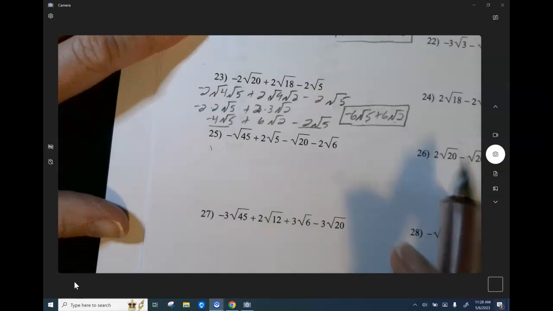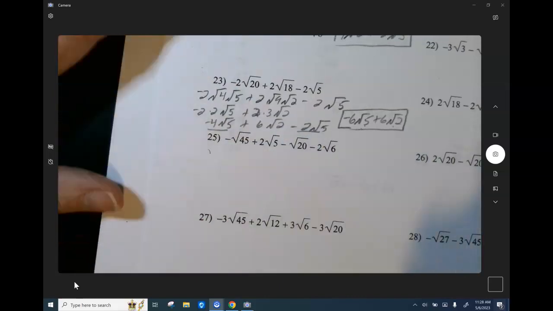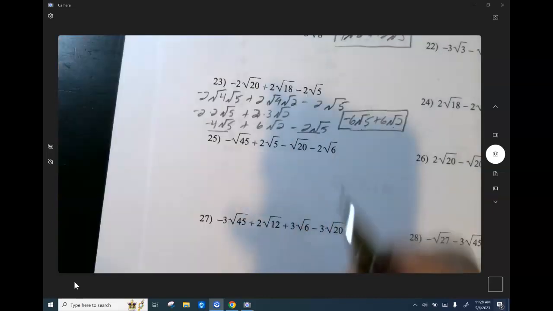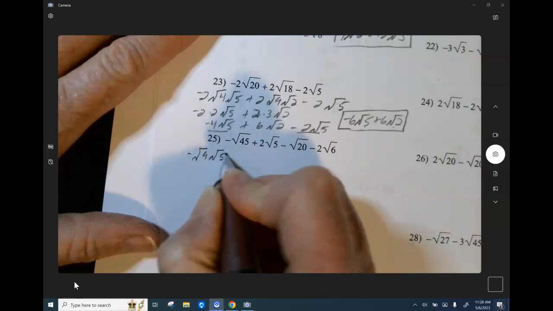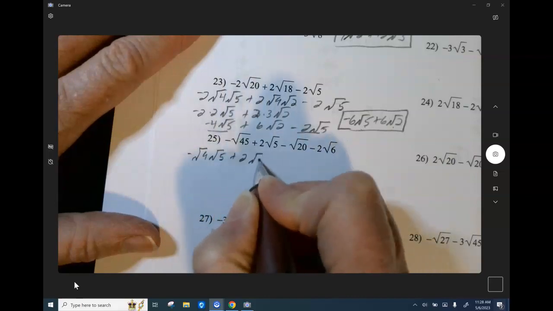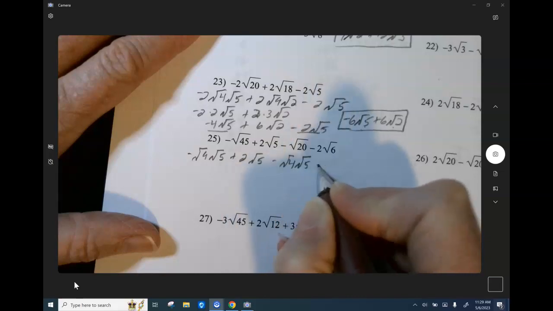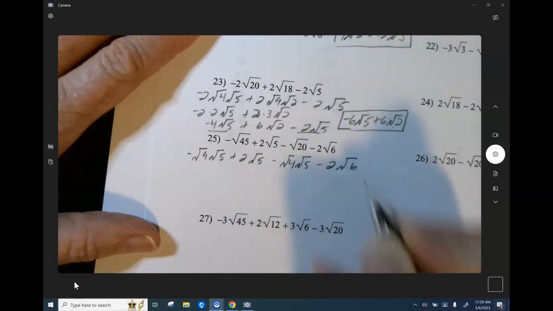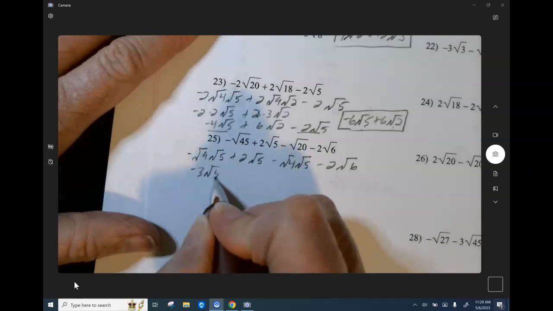Okay, 25. We're going to break it down. And feel free at any time to pause yours, try it on your own. Go! Try it on your own. That'd be awesome. So, square root of 9 is 3.